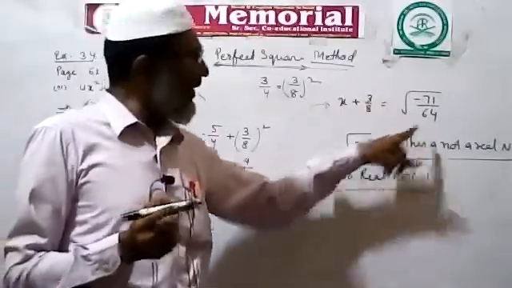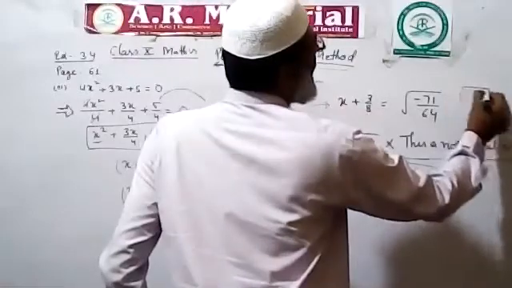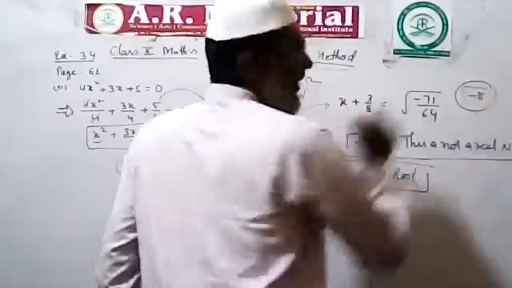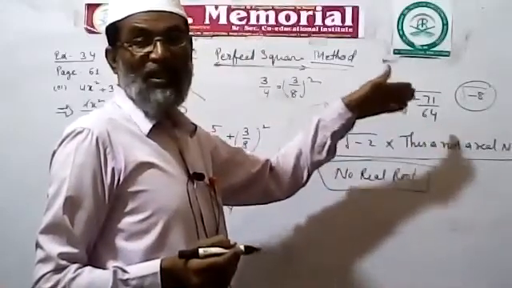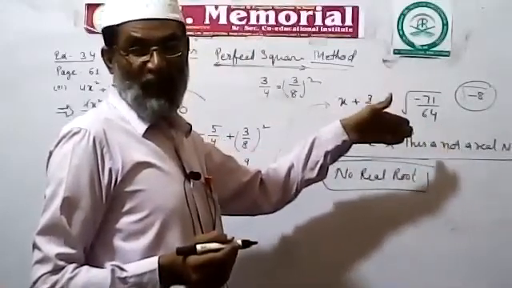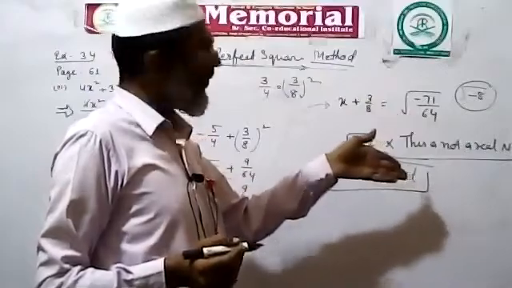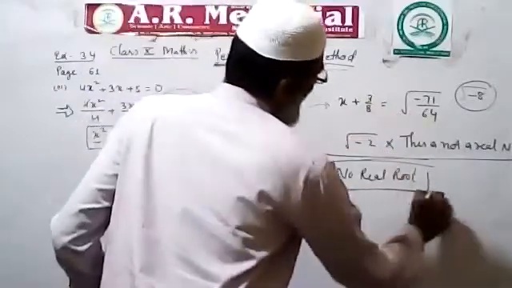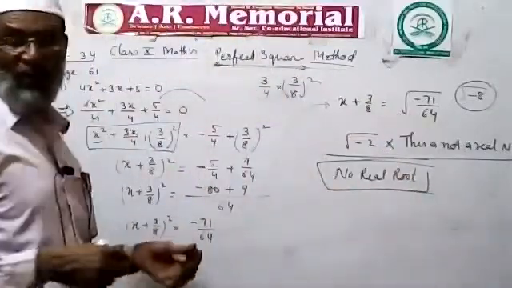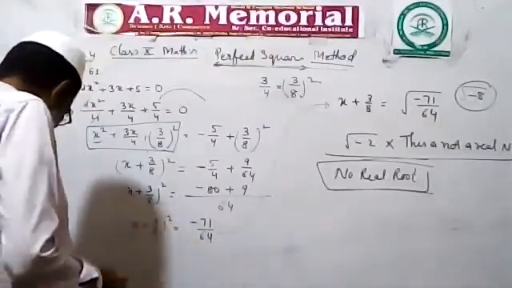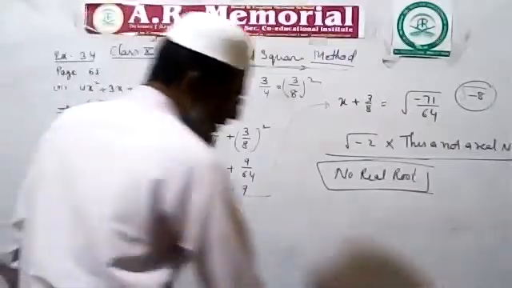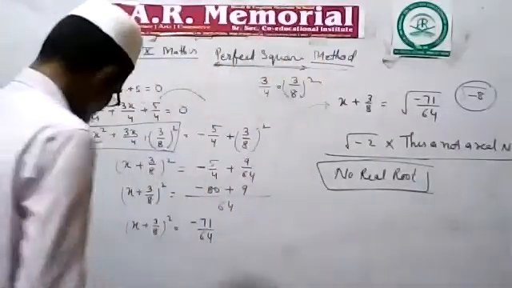No. If you get an answer like this, under root minus 8, this is no real root. No one can solve this. 71 is already not a perfect square, so we cannot solve it further. So we can already write no real root. So today, finally, one question I will take from the same exercise here.